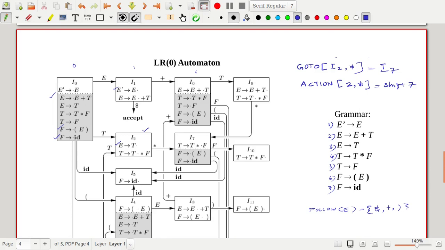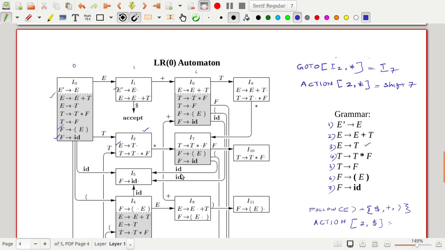This will be the follow of E. Then we have to make this for these terminals action like this, action of 2 comma dollar is equal to reduce by which production, this corresponds to this one.